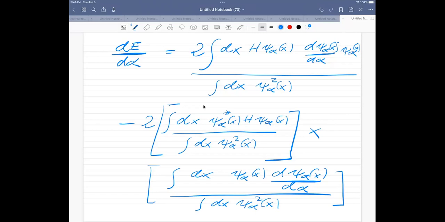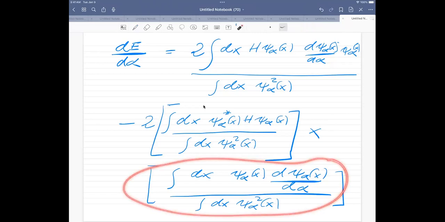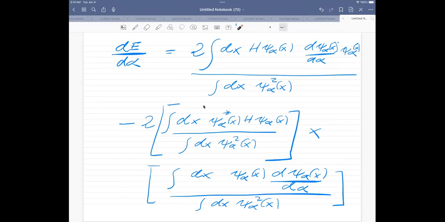So let's take first a look at this expression here, this one. And what I'm going to do now is to multiply with a wave function and divide with a wave function. So I multiply with psi of alpha and divide by psi of alpha here.